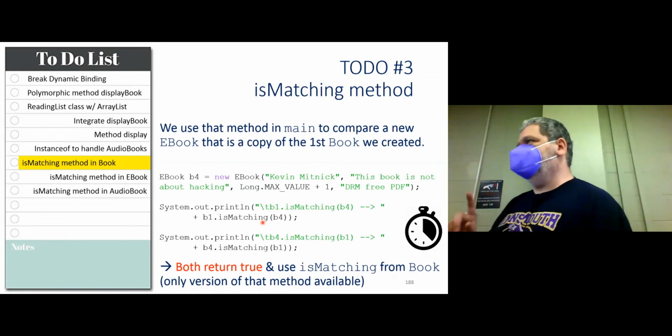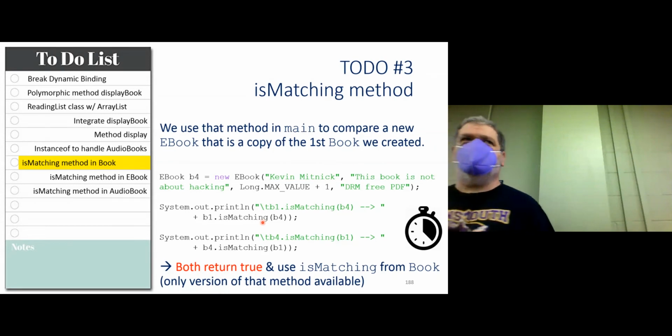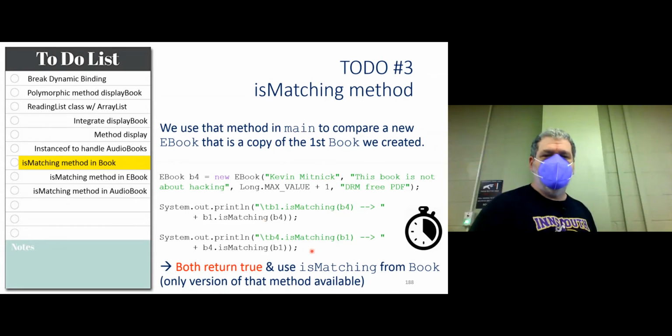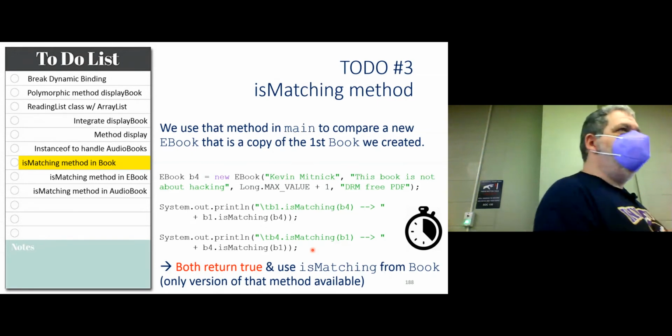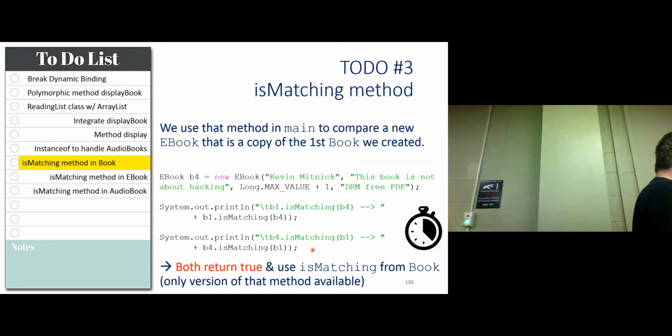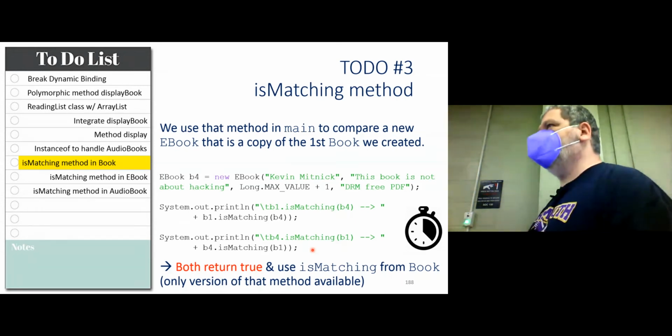So B1 is a book, right? Call isMatching on B1, pass B4 as parameter, and then do exactly the opposite: call isMatching on B4, which is the ebook, and pass as parameter the book B1.